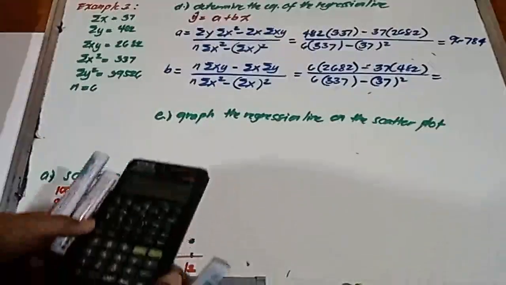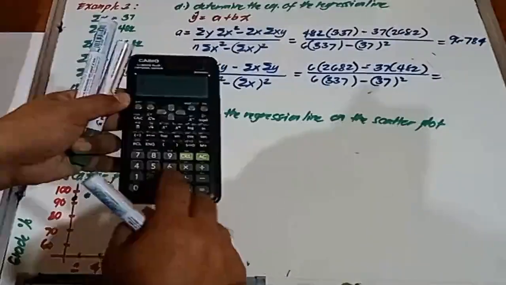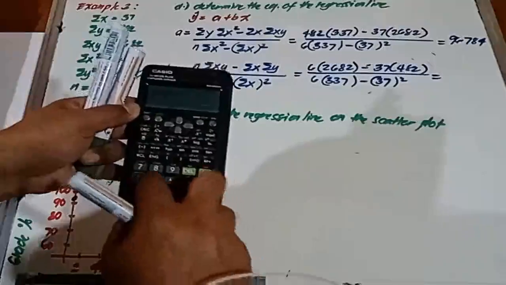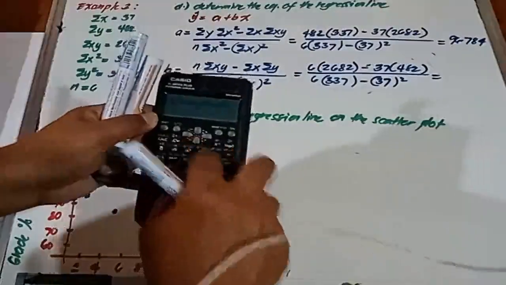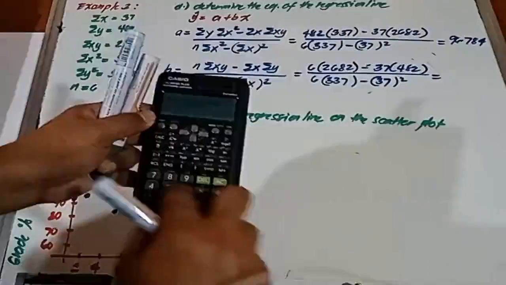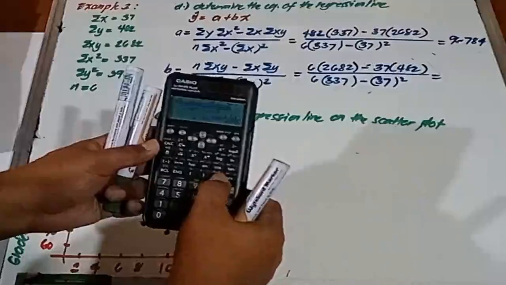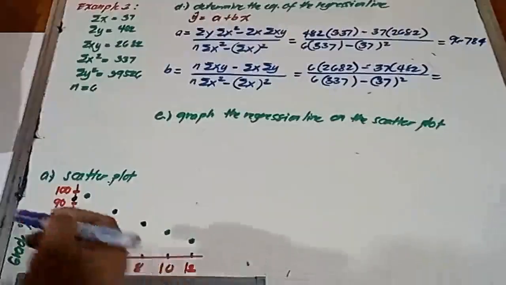Okay, solving for b, we have fraction 6 times 2682 minus 37 times 482 sa baba. We have 6 times 337 minus 37 squared. Okay, so na-input na natin yung equals. We have negative 2.668.